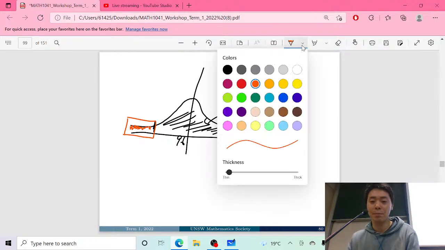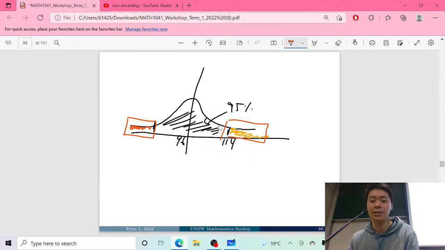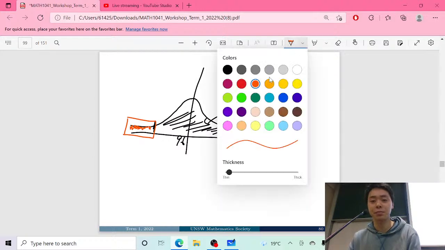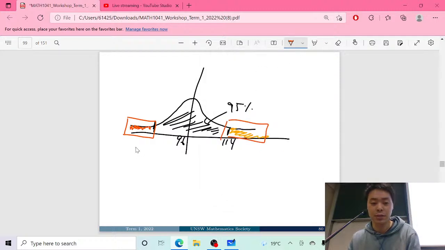Remember that the area underneath the normal distribution is going to be 1, right? So the sum of the tails has to be 5%. So this is going to be 2.5%, and this is also 2.5%.